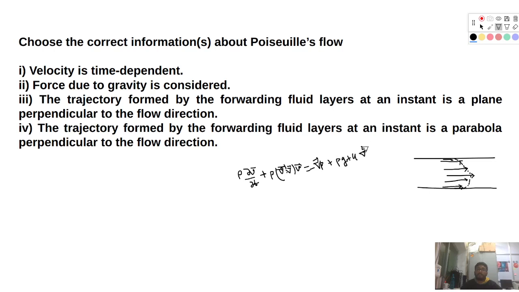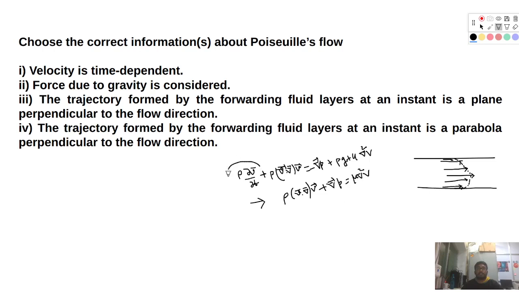Now the Poiseuille equation is like this: the second term will be there, rho V dot grad V, plus the gradient of P, and that is basically mu grad square V, right?